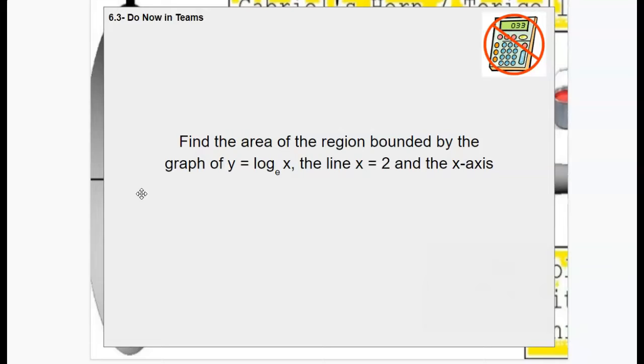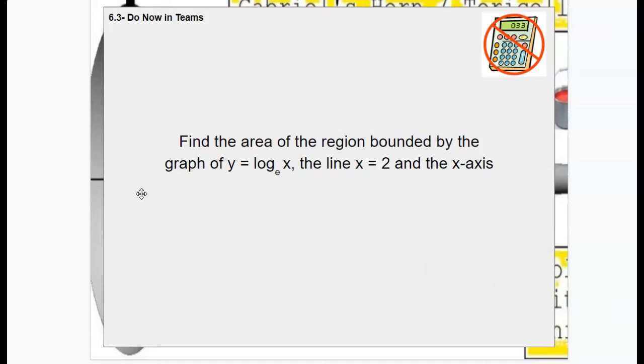But if you were able to think back to an example we did really early on, what we can do is invert the function. We can represent it as x equals e to the power y, and then integrate with respect to y, find the area between the curve and the y-axis, and then subtract that from the little rectangle that's formed. So really well done if you did that.